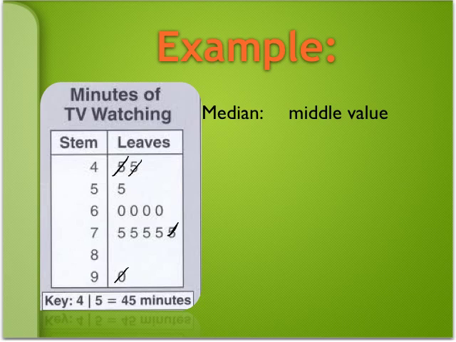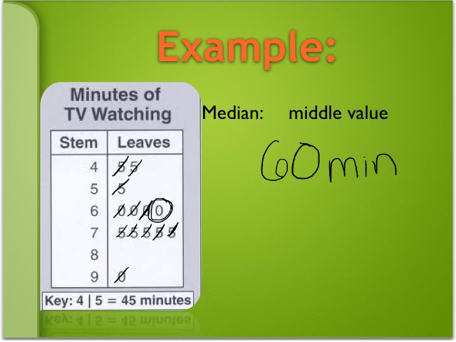Then my next largest and next smallest. Again, again, again, and again. And we're left with this number here, and that represents 60. So 60 minutes is my median.